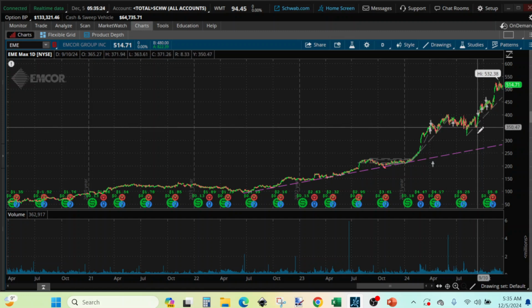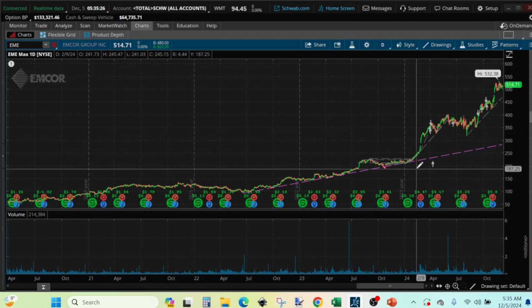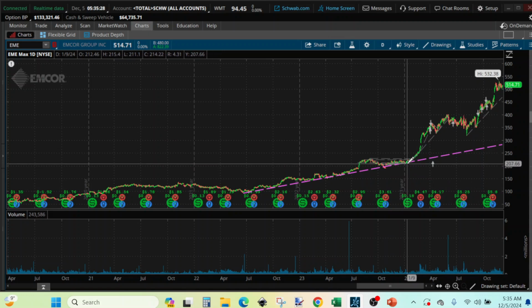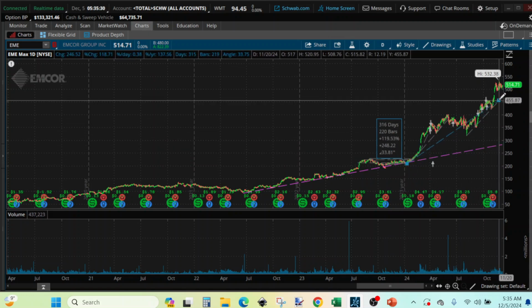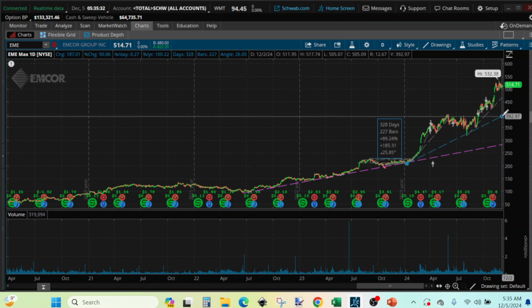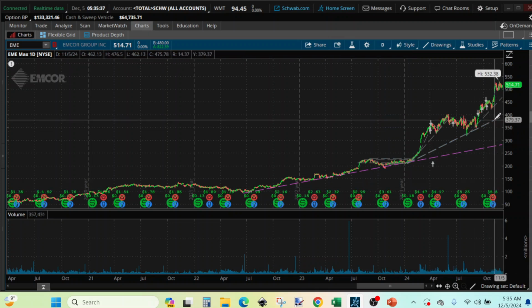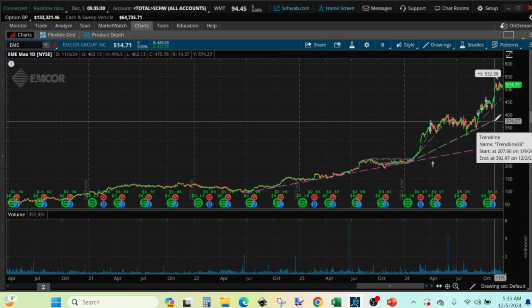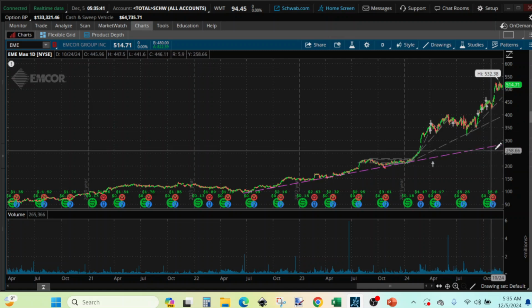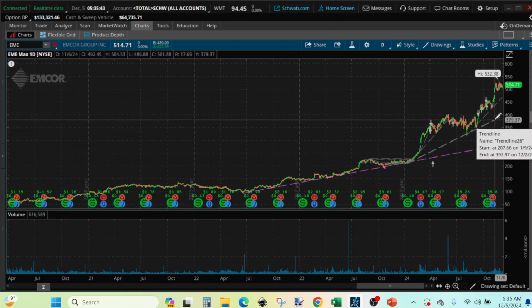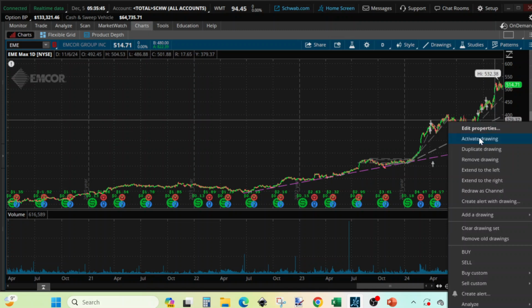I just don't know if it's going to come back to it or if this is going to be the new line. But if we take it from here, let's see, we could actually wait on it on this line instead of coming to this. This will be more conservative.